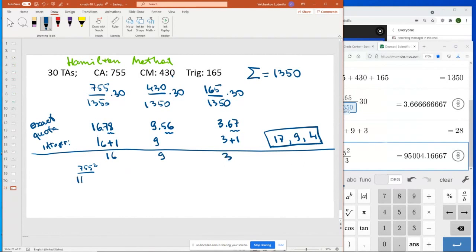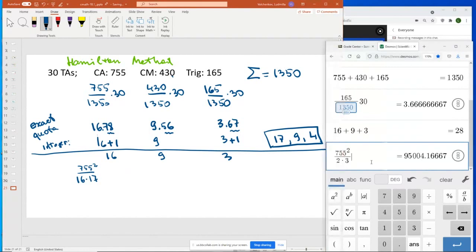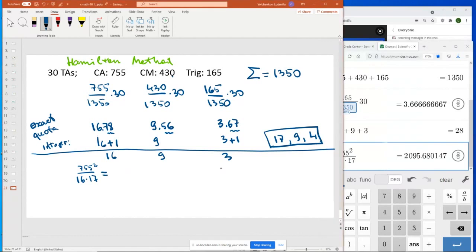So the present number is 16, the next will be 17. We decide about the next. Suppose that this is the current apportionment, and the next will be 16 times 17. You see, 16 and 17 are both in the denominator, and the HH number will be 2096.